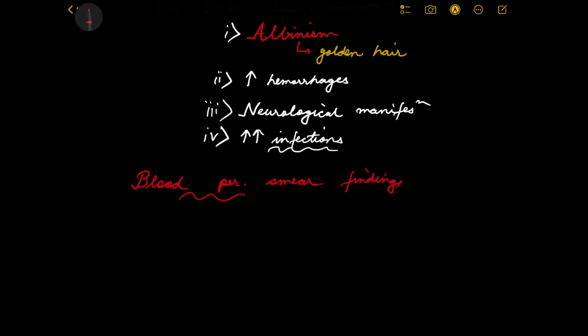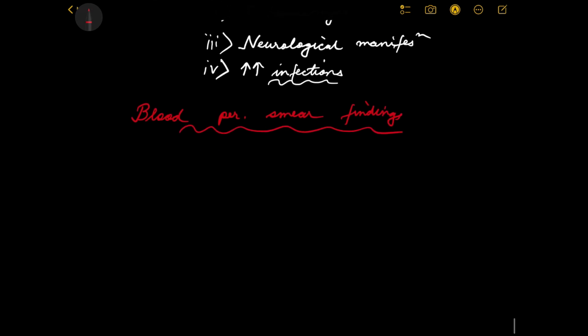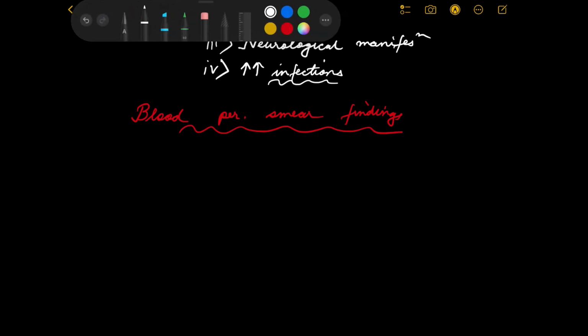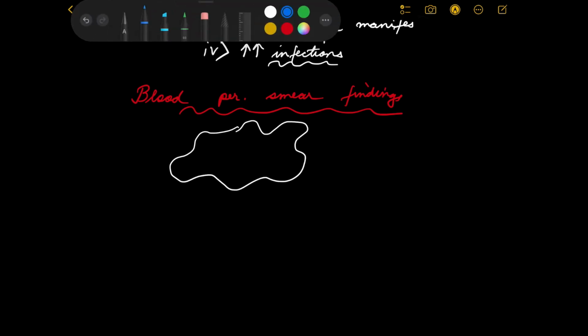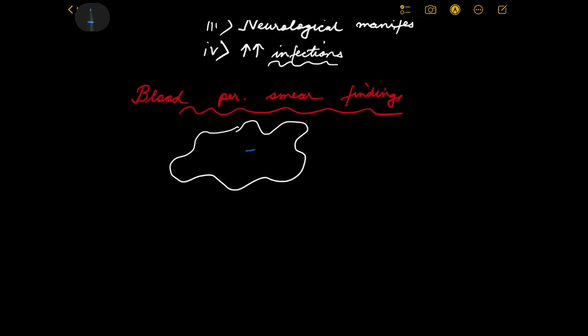what is found is that within the WBCs, the cytoplasm of the WBCs, let's go with blue. Suppose these are the granules, or these are the bilobed or trilobed nucleus, whatever.